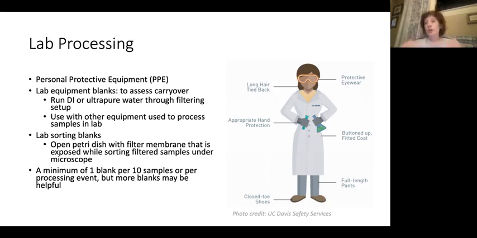So you make sure that you're not pulling little tiny pieces of gloves out of any of your samples, because sometimes that can happen. But just have your lab equipment blanks, your lab sorting blanks, and again, a minimum of 1 blank per 10 samples or per processing event if possible is great. More blanks is better, but not always realistic, as you don't want to spend all of your time processing blanks.